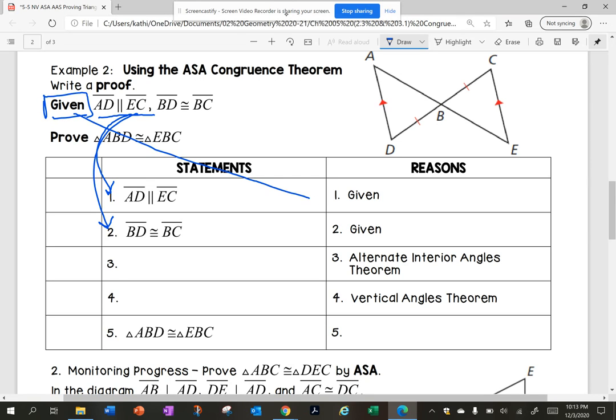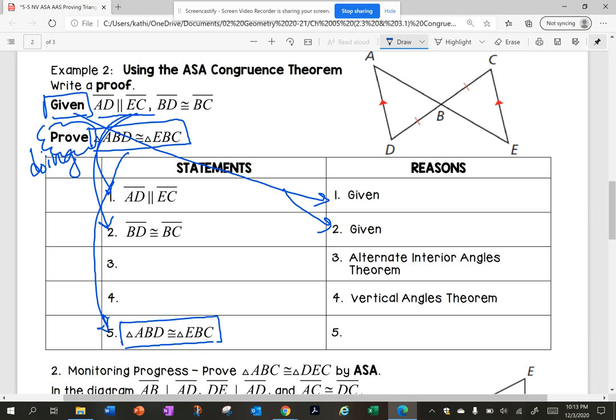And the reason for the things that are given is given. I don't ever write the word prove, but I'm trying to prove that my 2 triangles are congruent, so I write that as my last statement.